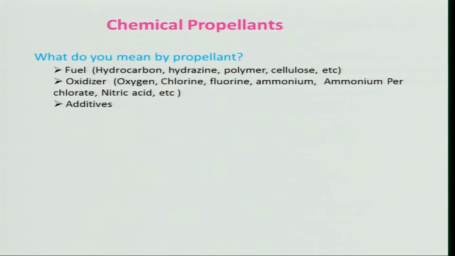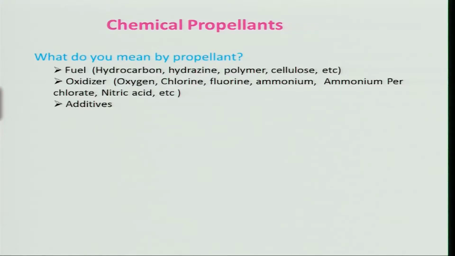Similarly, oxidizer also can be in any phase. As a matter of fact, we can use a combination of them also, sometimes liquid and solid and gas. If you look at the fuels, I have given some examples, but as you go along we will learn more about it. That is basically hydrocarbon, hydrogen, polymer and cellulose.